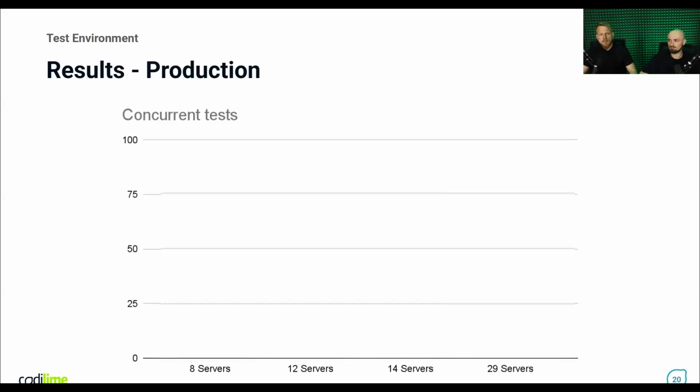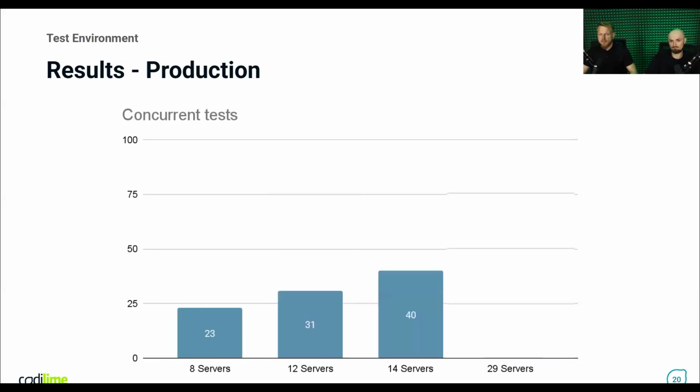Now let's look at production results. We see a clear increase in the number of concurrent tests as we scale the infrastructure. With 8 servers, we can run more than 20 tests at the same time. As we add more servers, the system scales linearly.